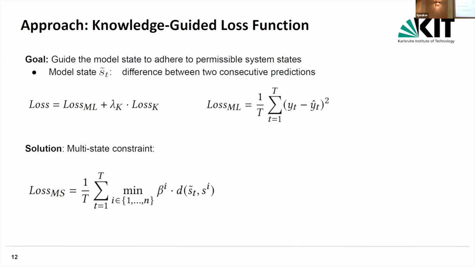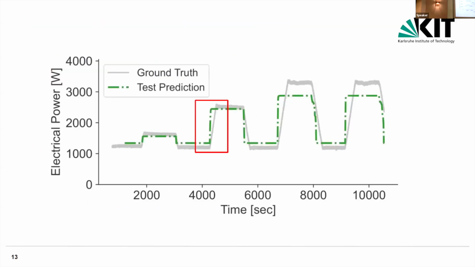So basically you can define your permissible states, penalize their deviation from your actual model state, and then just let the minimum function select the closest alternative to the one that you actually need. Using minimum as a selector is basically the main innovation of this paper, which is very simple, but it actually works. And I want to show you how it works.